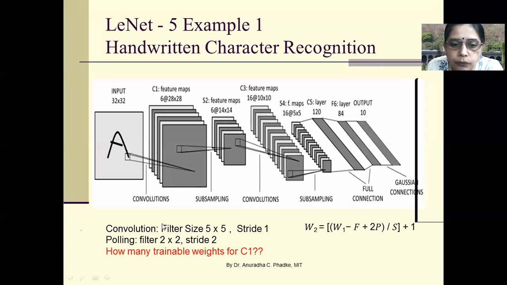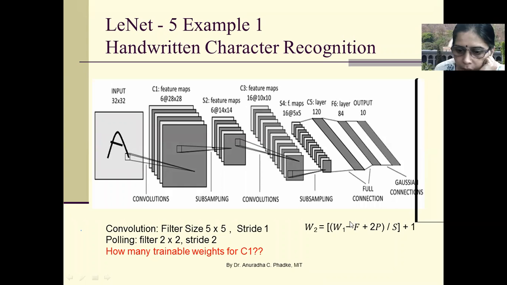Okay, now with this given data, please tell me what is the resultant image size. Your input image size is 32 by 32. Filter size is 5 by 5 and stride rate is 1. Okay. So what will be the resultant image size?